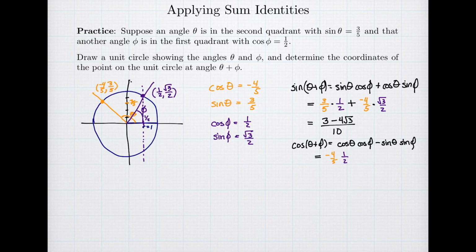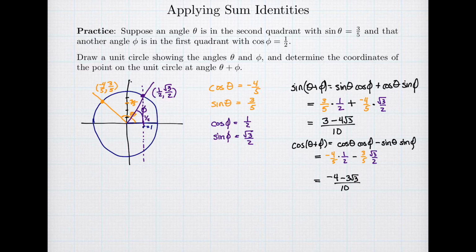And I subtract the sine of theta, which was 3/5, times the sine of phi, which was square root 3 over 2. So that when I simplify this, I get a cosine of the sum is -4 minus 3 square roots of 3 all over 10.